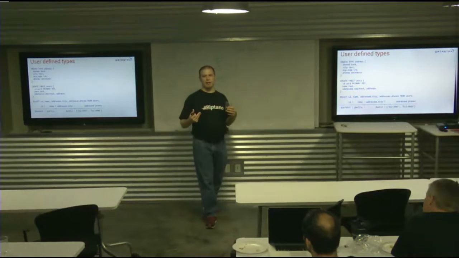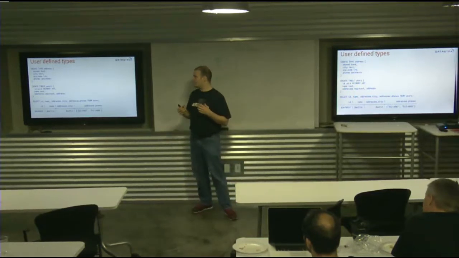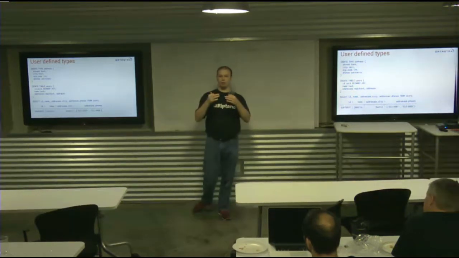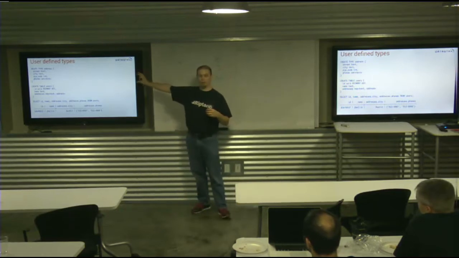And I can nest these arbitrarily deep, whatever makes sense. And so what this does now is that whatever your object hierarchy looks like in your Java code or in your Python code or whatever, you can just map that directly one-to-one to a Cassandra structure.